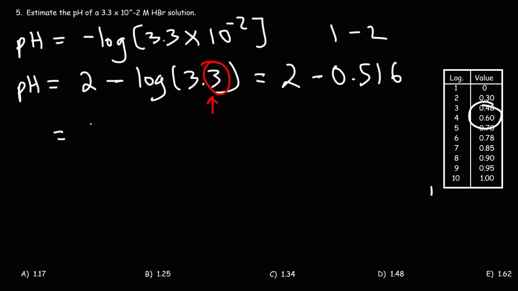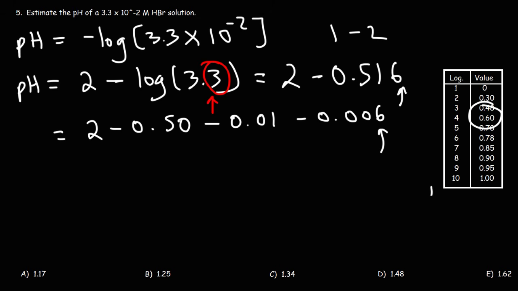Let's break it down into 2 minus 0.5, and then the remaining 1/6 part, that's going to be 0.01 minus 0.006. The 6 is in the thousandth place, the 1 is in the hundredths place.